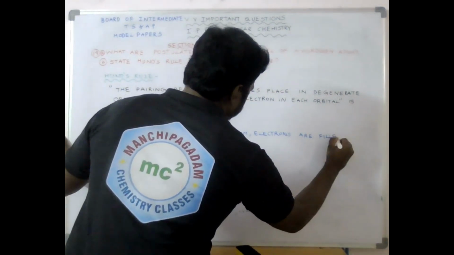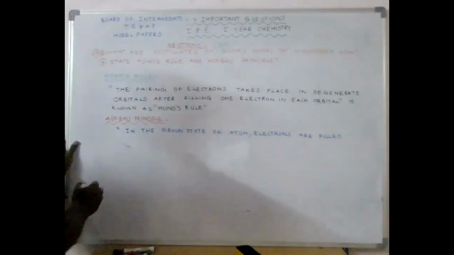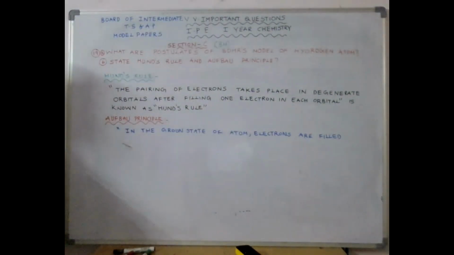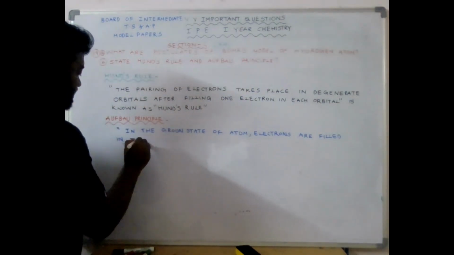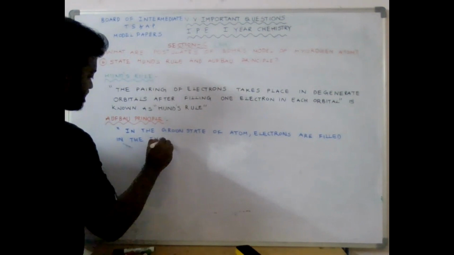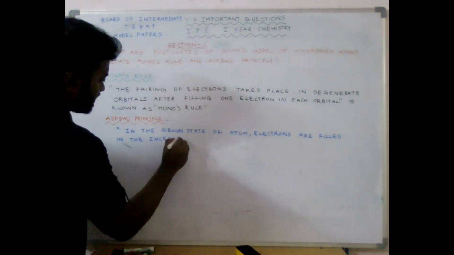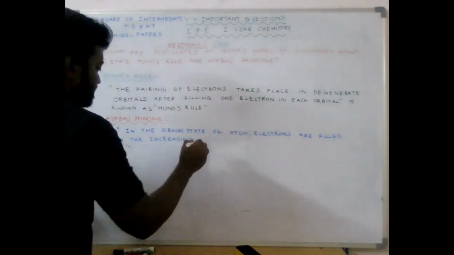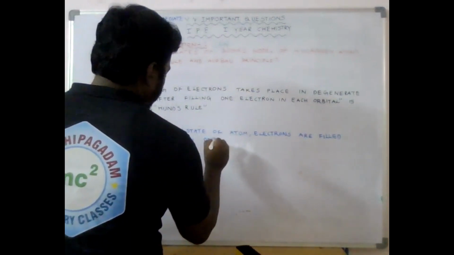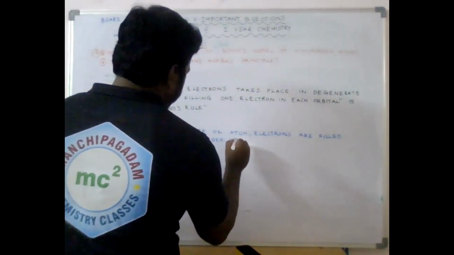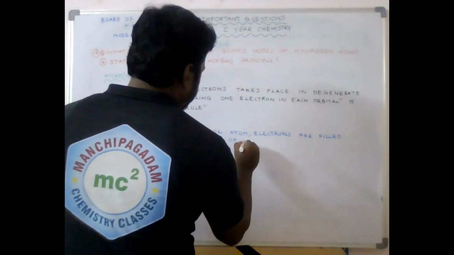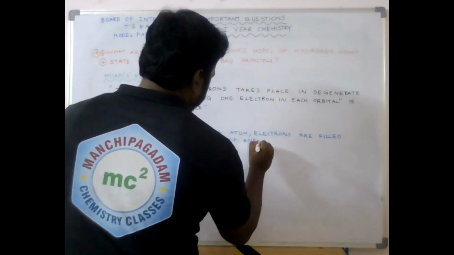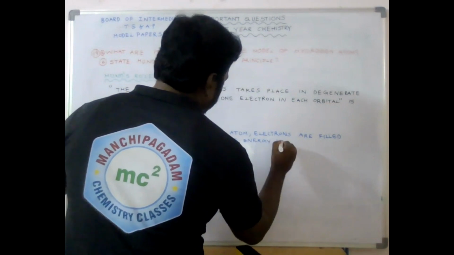How are they filling electrons? Electrons are filled in the increasing order of energy of orbitals.